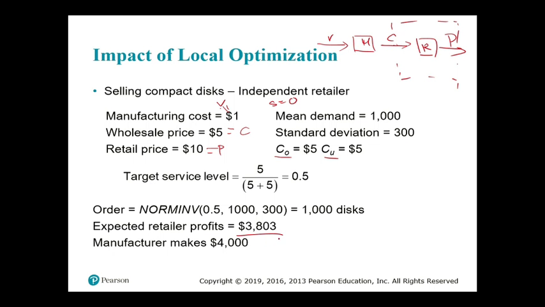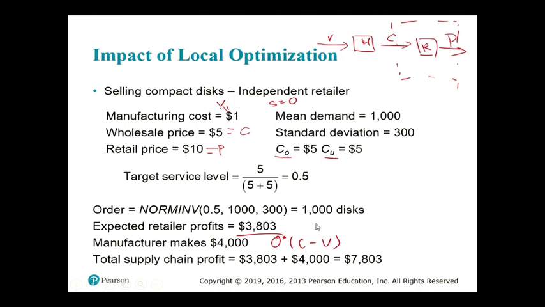Yeah, so this is basically the retailer's order quantity times the manufacturer's profit margin, which is C minus V. Okay, so 4 times 1,000. Now the total supply chain profit is 7,803.